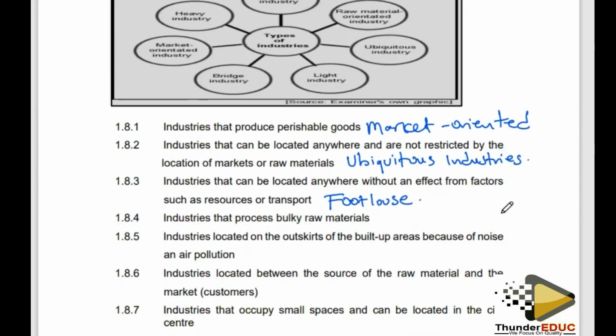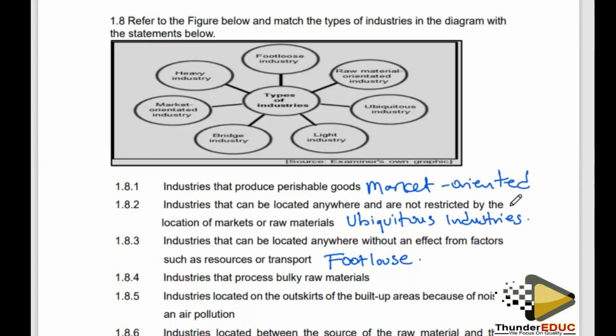Number 1.8.4, industries that process bulk raw materials. So those will be the raw material oriented industries.